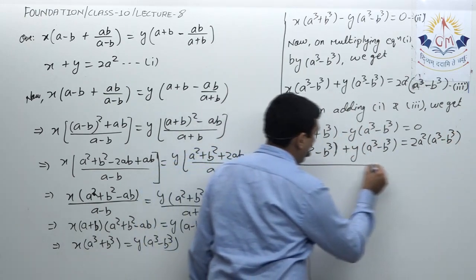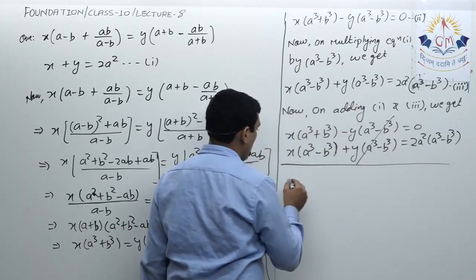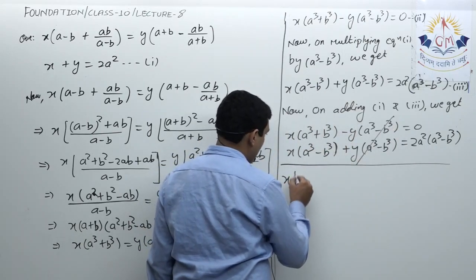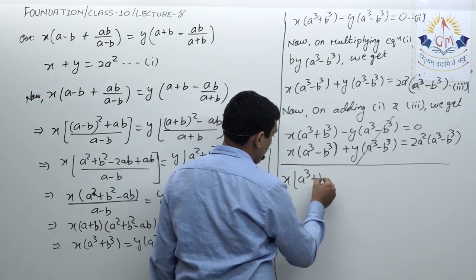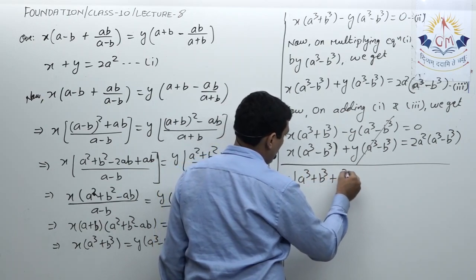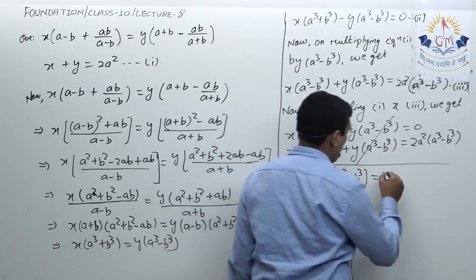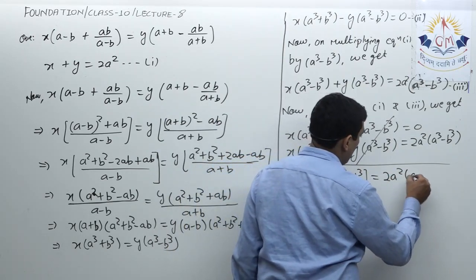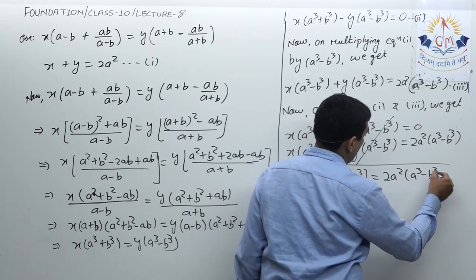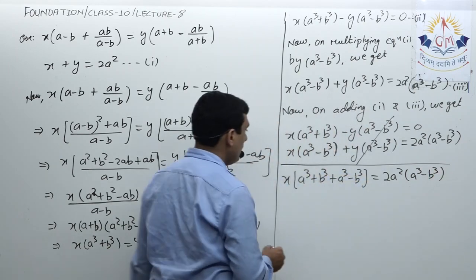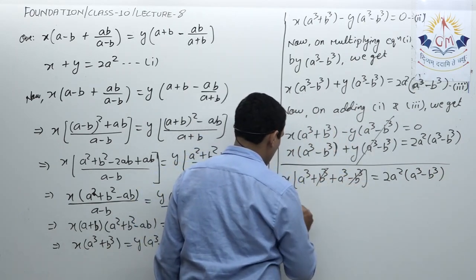Okay, now when I add these two, this will cancel out. Here I will get x(a³ + b³ + a³ − b³) is equal to 2a²(a³ − b³). So here this will cancel out.